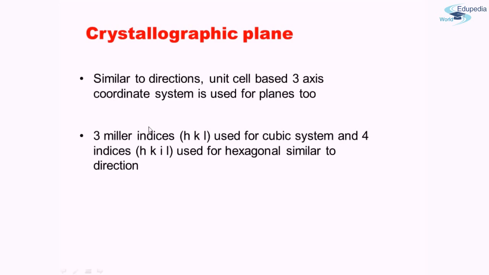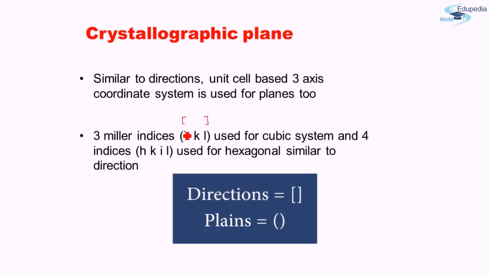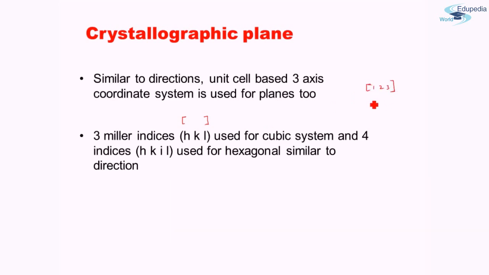One point to note here is that for the direction we used this bracket. For planes we use this bracket. This is a notable difference. This is the convention. So whenever you see something like [1 2 3], this means direction 1 2 3. Whenever you see something like (1 2 3), this means plane 1 2 3. So do not mix them up.